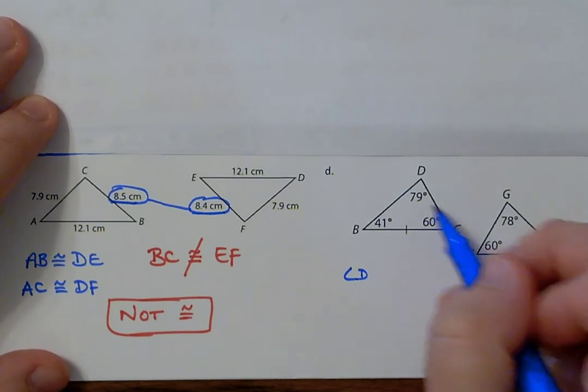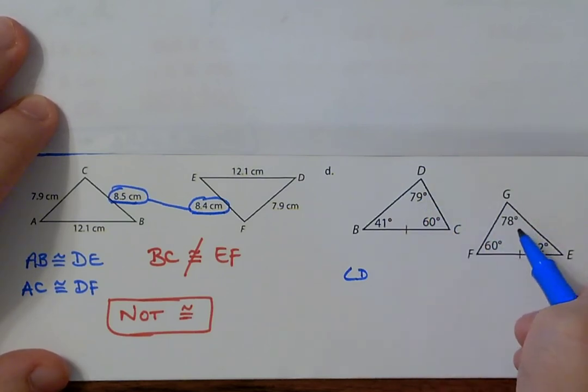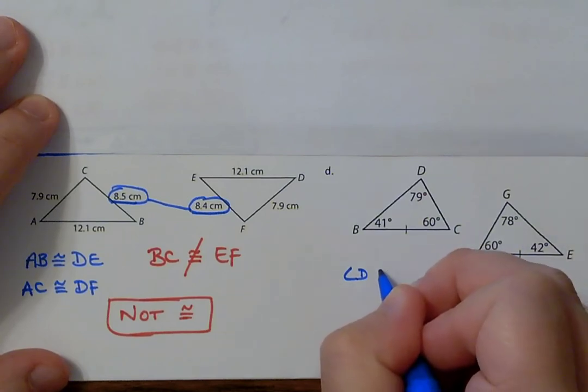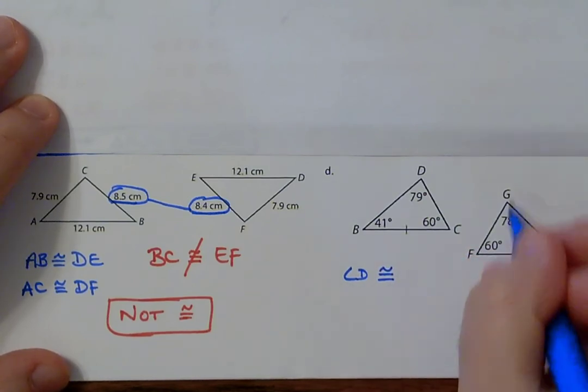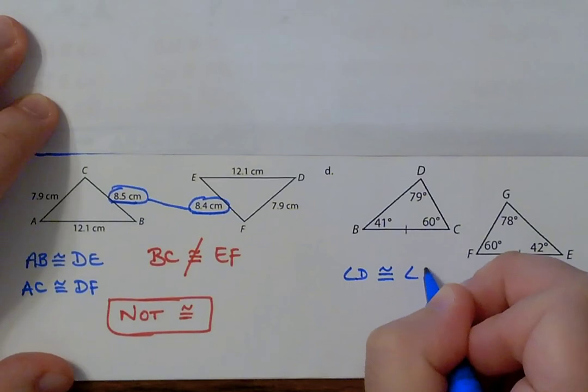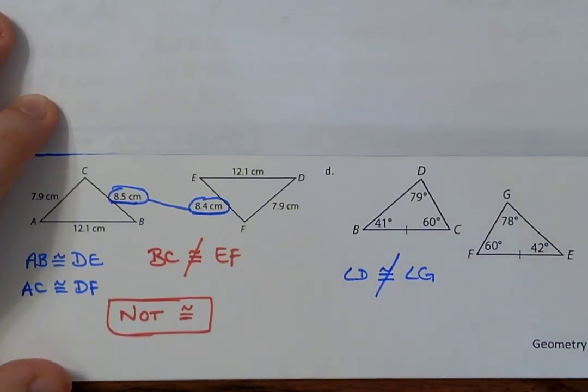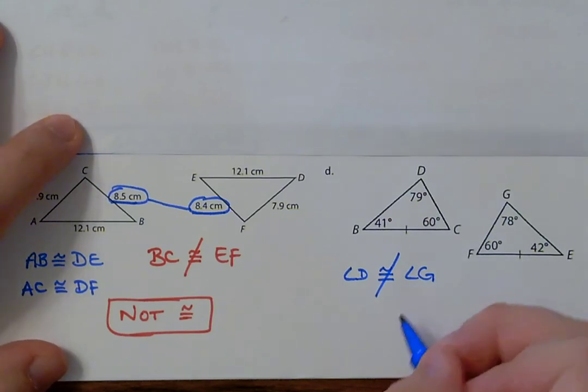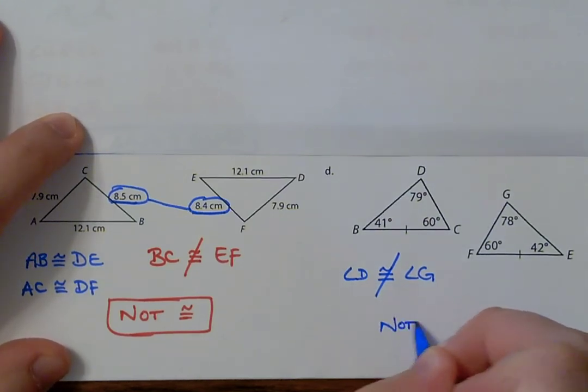So there is no matching angle measure for D, and the one I'm specifically going to use is G. So because angle D is not congruent to angle G, that means that these two triangles are not congruent.